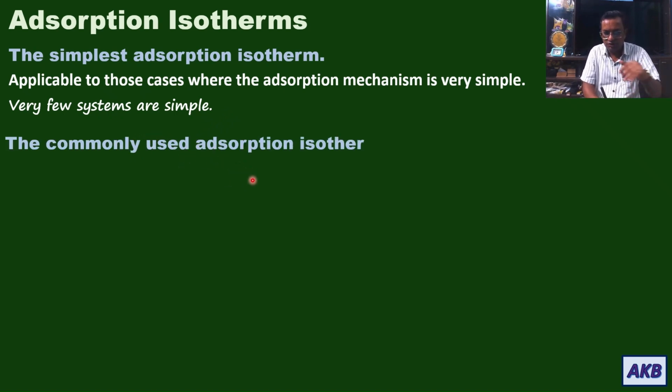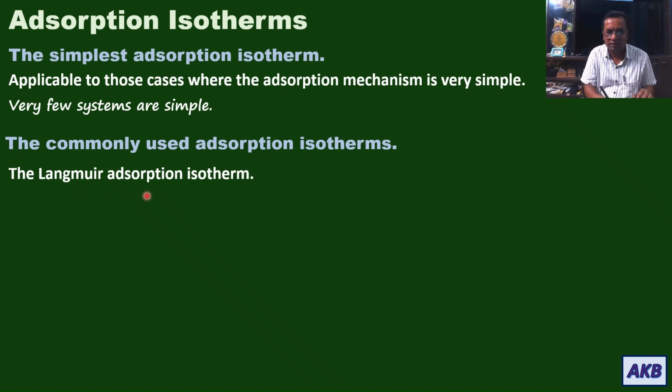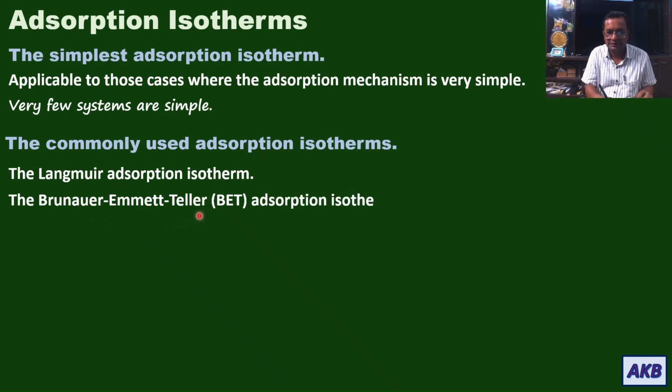If you cannot use the simplest adsorption isotherm, what other options do you have? Let us understand. The commonly used adsorption isotherms: one is the Langmuir adsorption isotherm. Then you have the Brunauer, Emmett, Teller, that is the BET adsorption isotherm.